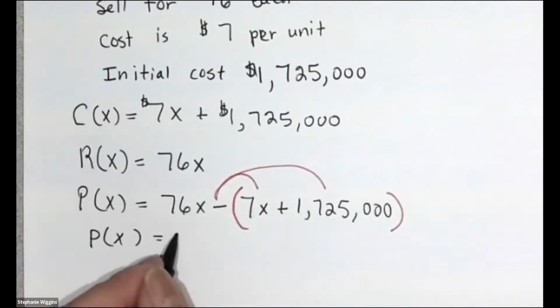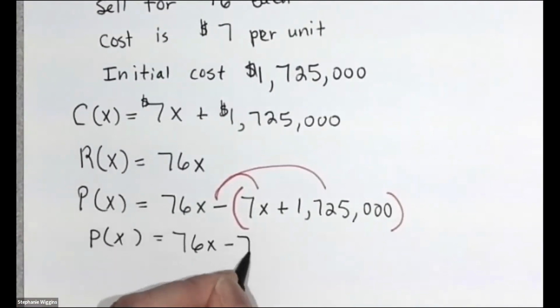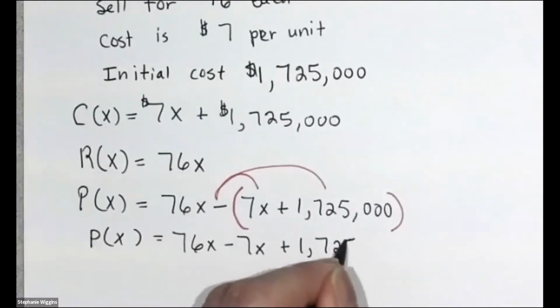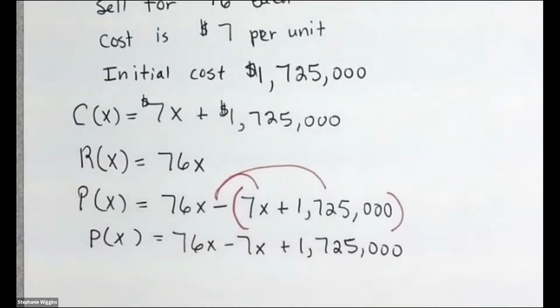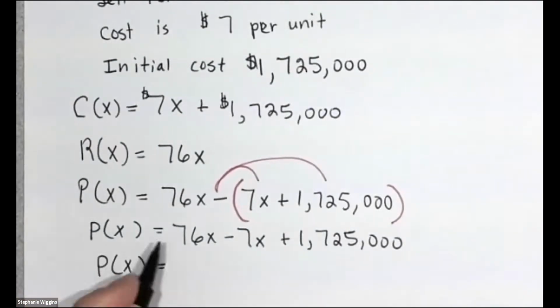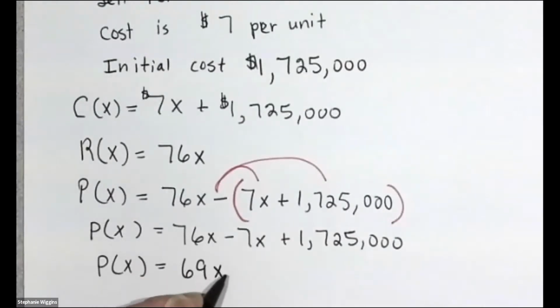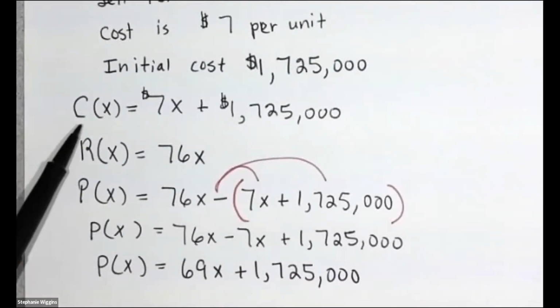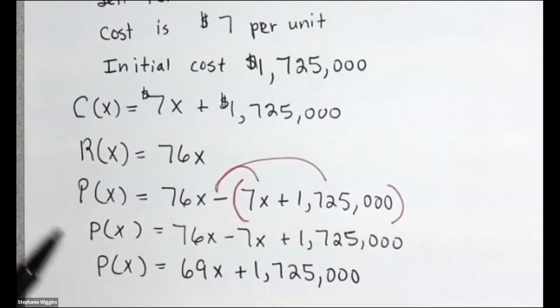And so it's going to be 76x minus 7x plus $1,725,000. And finally, your profit function is still linear. It's going to be 69x plus $1,725,000. So we work with cost, revenue, and profit functions a lot in this course.